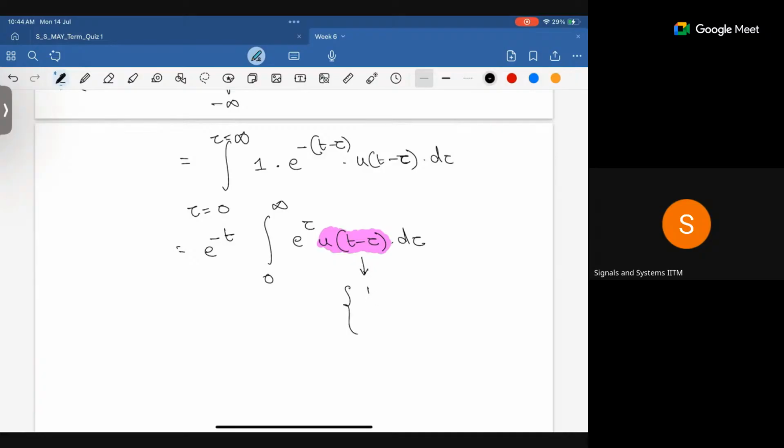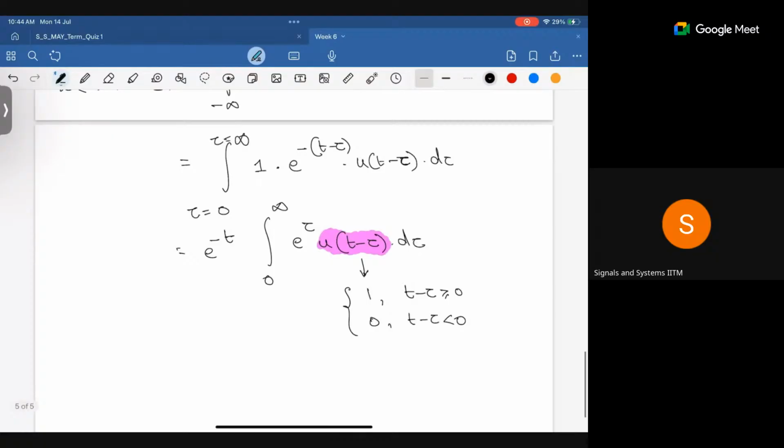This will be 1 if t minus tau is greater than or equal to 0, and this will be 0 when t minus tau is less than 0. So t minus tau greater than or equal to 0 is nothing but tau being less than or equal to t. Otherwise tau is greater than t. So when tau is less than or equal to t, only then this u of t minus tau will be 1, or else it will be 0.